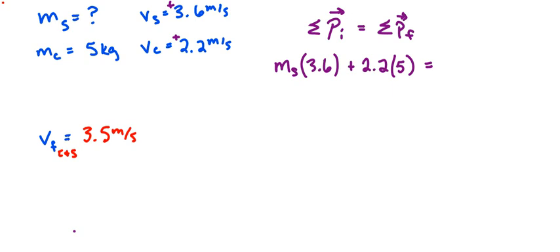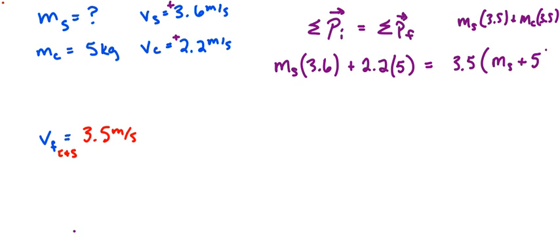And how is that momentum made up? Well, you could write it like this: mass of the salamander times 3.5 plus mass of the carp times 3.5. But that's totally unnecessary. They both are going 3.5 meters per second, and that would be the mass of the salamander plus the mass of the carp, which we actually do know is 5.